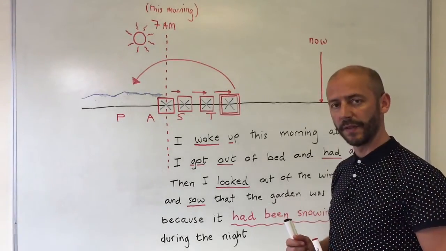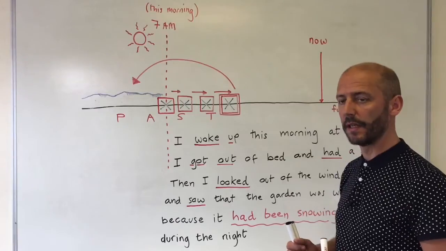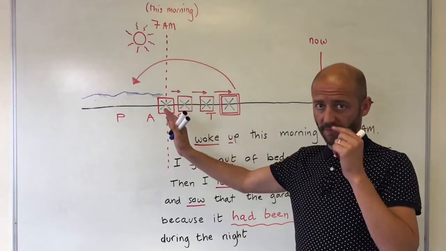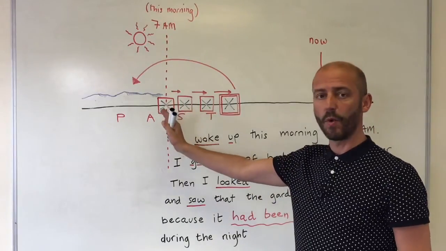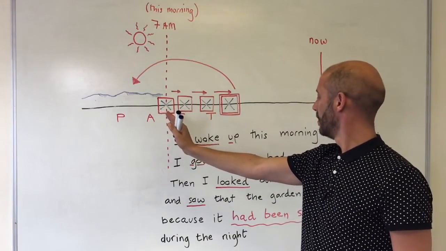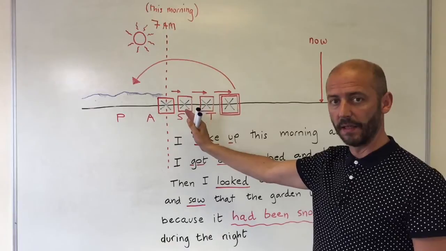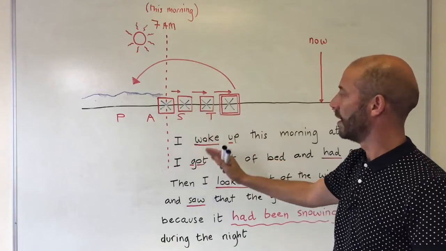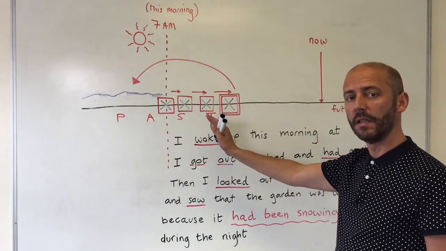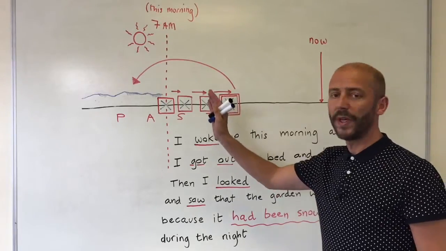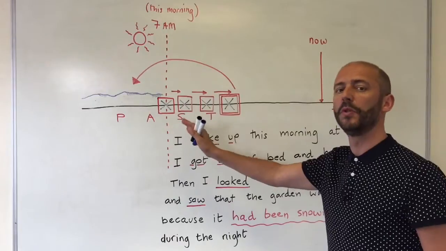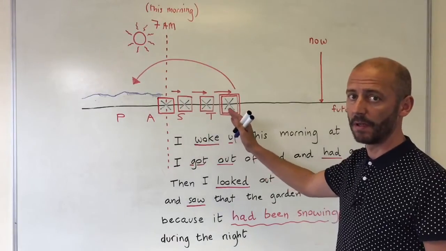Our narrative, our story, moves from the past to the present. I woke up. I got out of bed. I had a shower. Then I looked out of the window. So here we're using past simple to move forward in time.